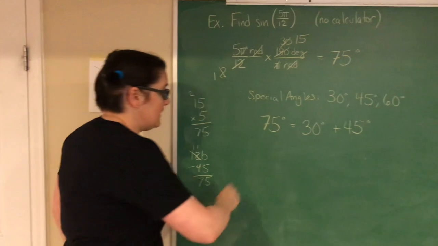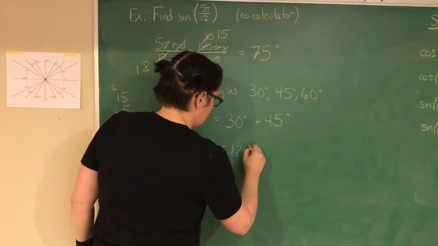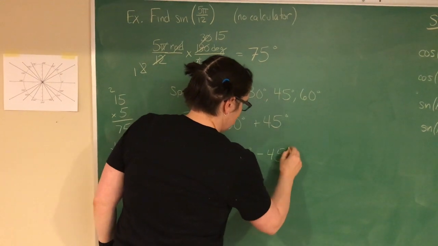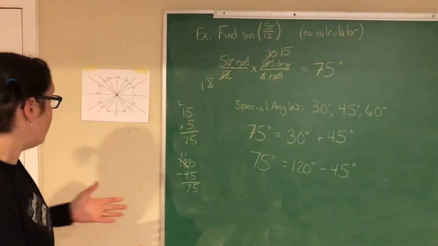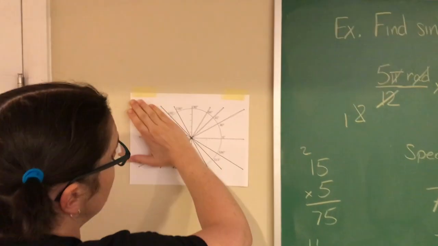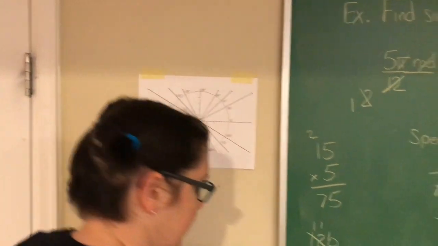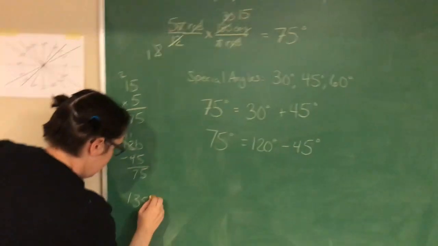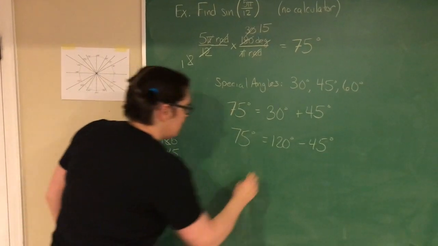So another way to get 75 degrees is 120 degrees minus 45 degrees. A third way that I could get 75 degrees is I could take 135 degrees minus 60. So 135 degrees minus 60 gives me 75 as well.